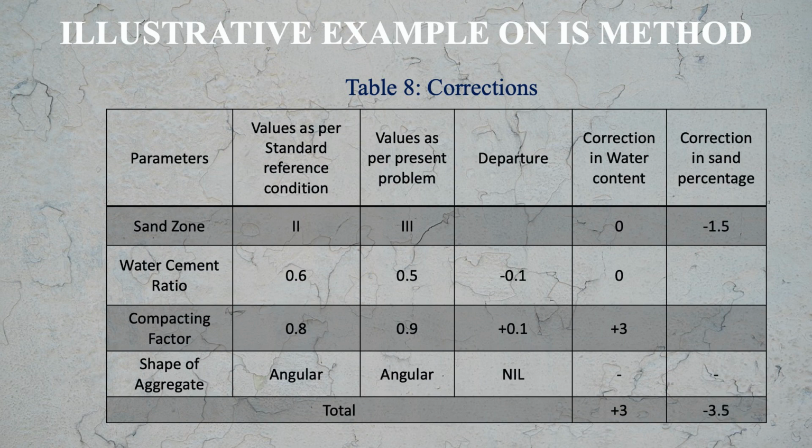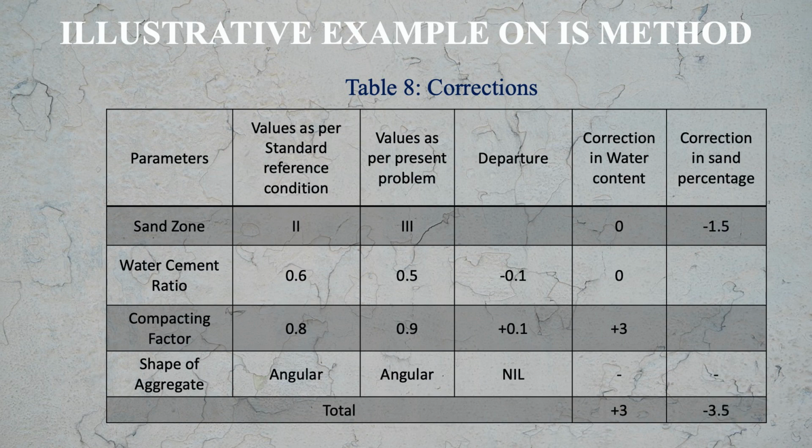So water cement ratio, here you see in standard reference condition it is 0.6, whereas for our problem it is 0.5. So departure is negative 0.1. So the correction in water content is 0 and correction in sand percentage is -2.